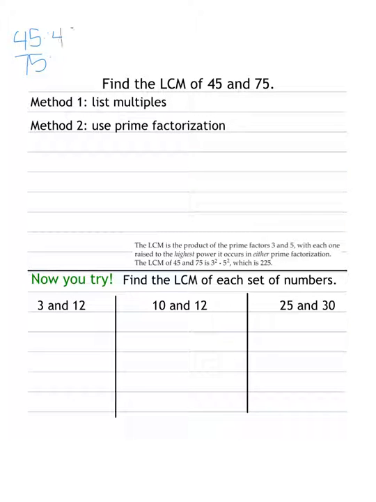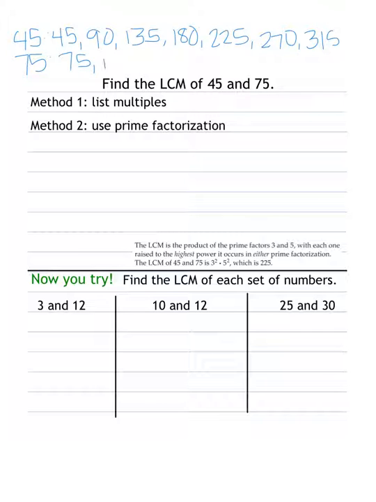So let's start though. 45, 90, 135, 180, 225, 270, 315. I'm going to stop there for now and just start doing my 75 and see if I run into it.